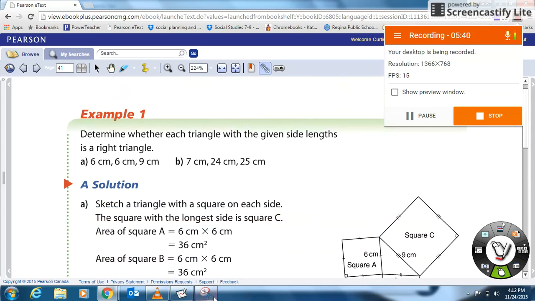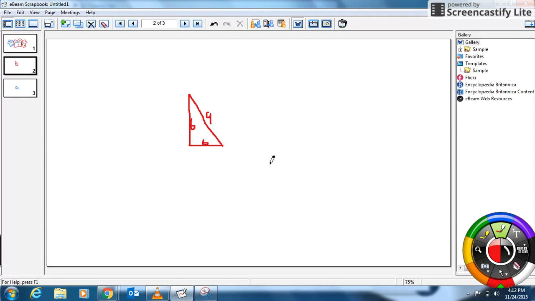Okay, so now we're going to look at an example here. Here's a triangle. I'm not sure if it's a right triangle. It's given me the dimensions: this side is equal to 6, this side is equal to 6, and this side's equal to 9. Now, I use Pythagorean's theorem. So I draw my square off each side. You might notice it doesn't look to scale here. We just have to ignore my terrible drawing and do our best.